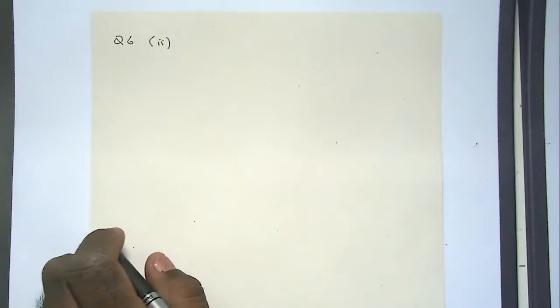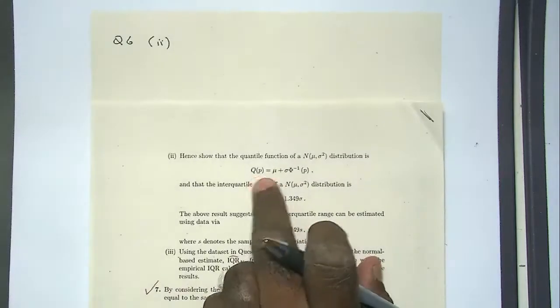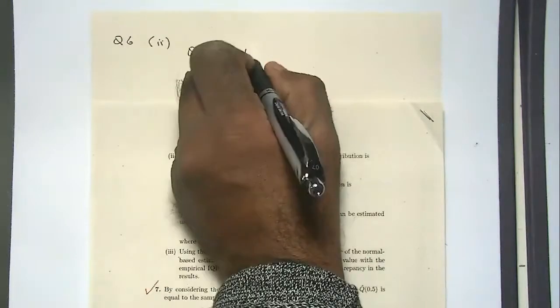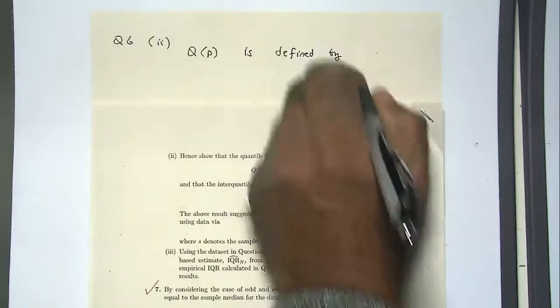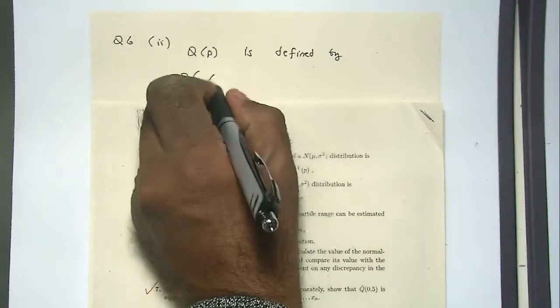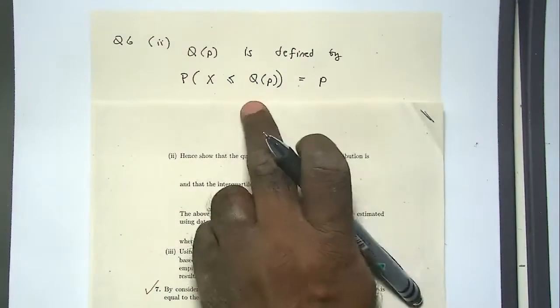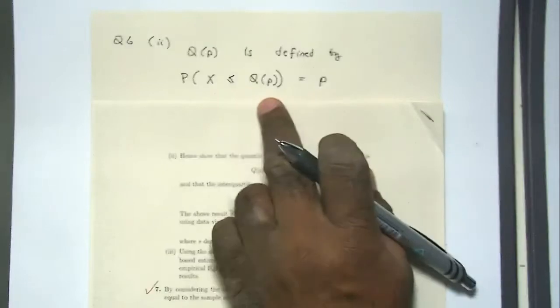Question 6, the quantile function. The quantile function Q of P is defined as this. If I did not tell you in the class, the quantile function of any random variable X is defined by this equation.